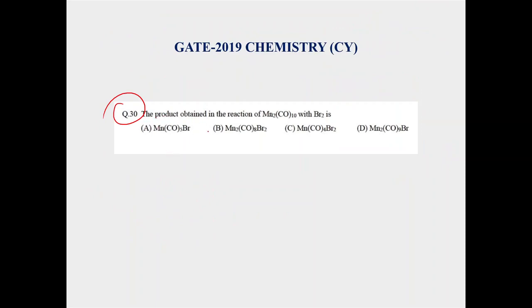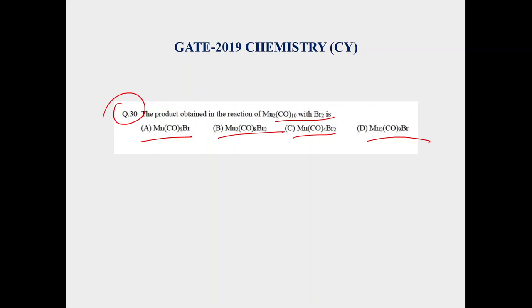The product obtained in the reaction of Mn2(CO)10 with Br2. The options are A: Mn(CO)5Br, B: Mn2(CO)8Br2, C: Mn(CO)4Br2, D: Mn2(CO)9Br.